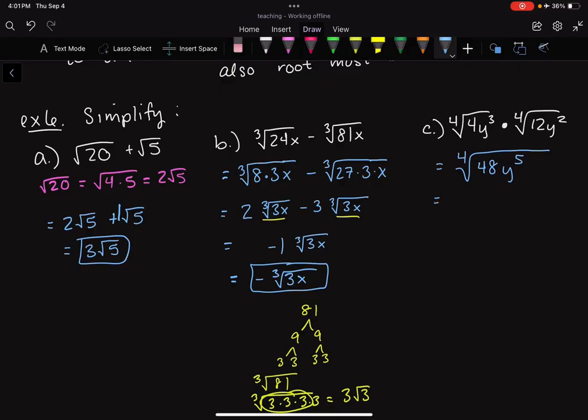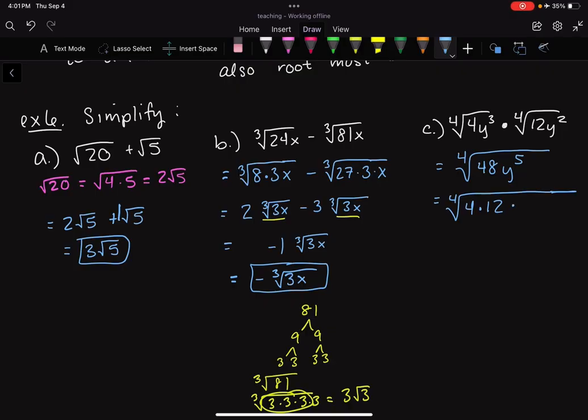Does 48 have a perfect 4th in there? Honestly, I don't know offhand. So let me go ahead and do the breaking up method to try to see. So let's do it. 48. Well, 4 and 12 were good. Let's go ahead and leave it as 4 and 12.